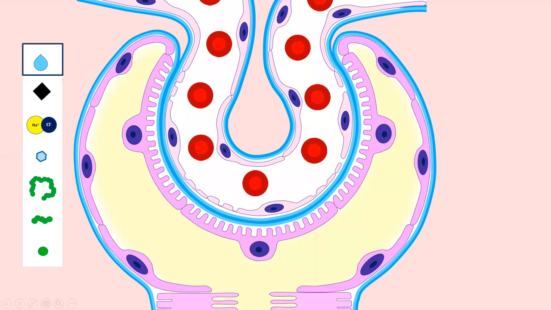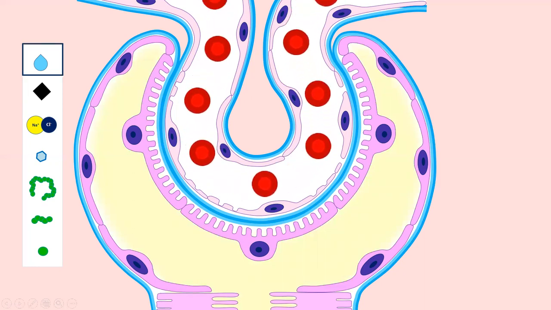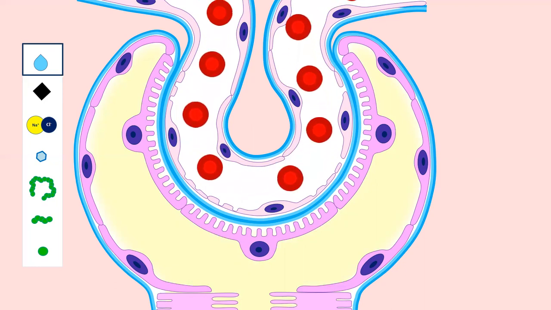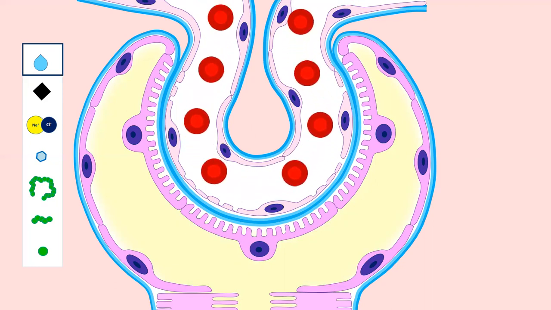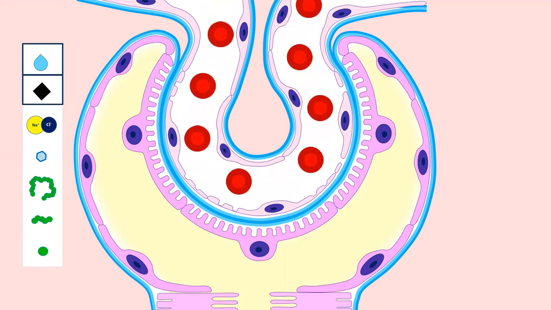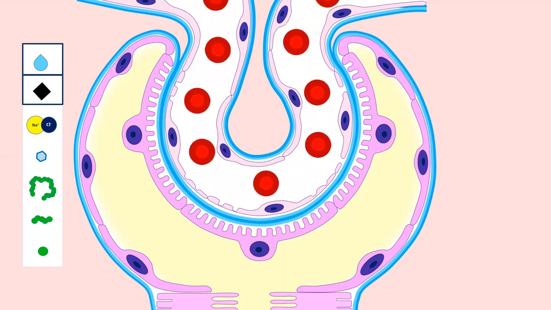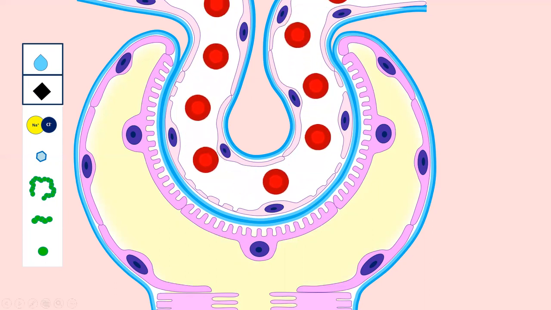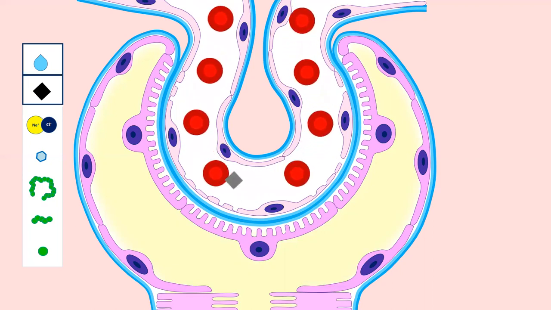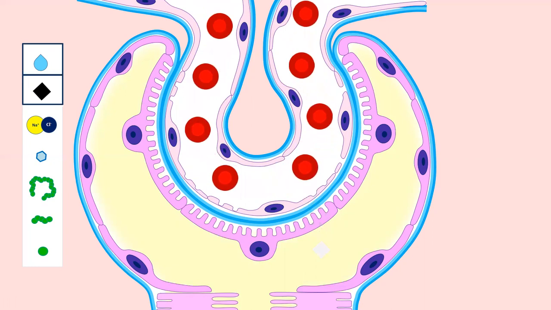We have about 100 to 180 liters per day, and here we can see how huge the amount of water in the primary urine is. Also, there are waste products in blood, and the main function of the kidneys is to release waste products in urine. So here we can see some waste product comes here, and it passes through the filtration barrier and goes to primary urine.